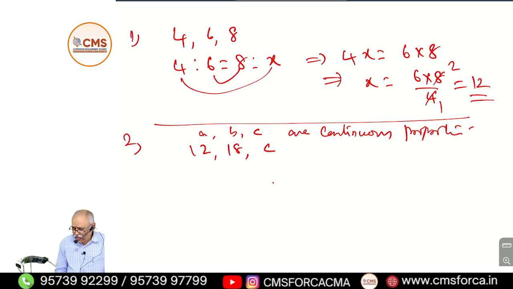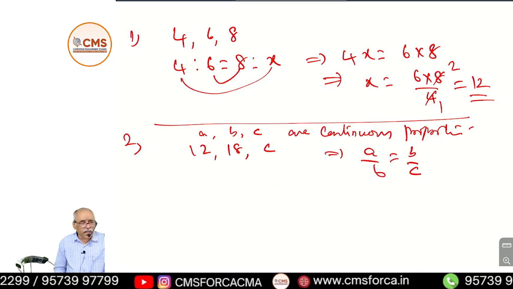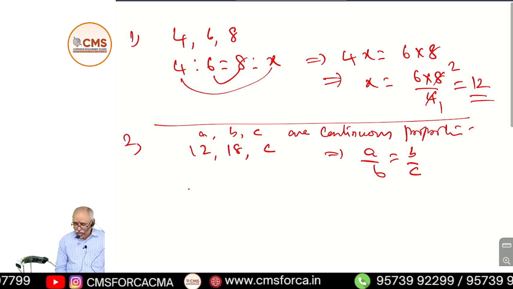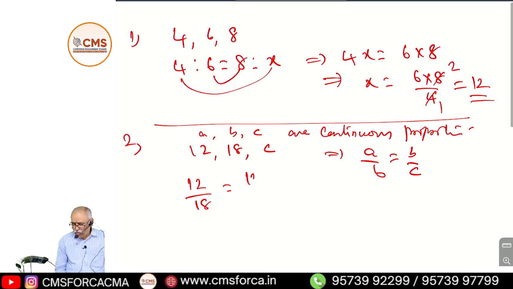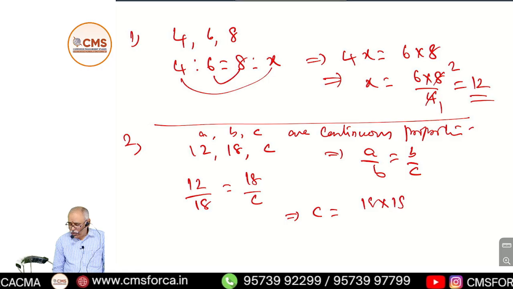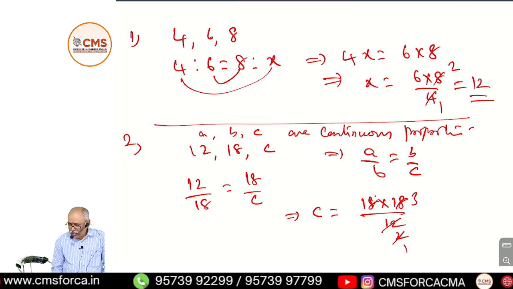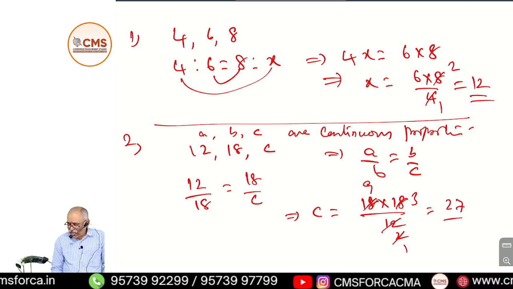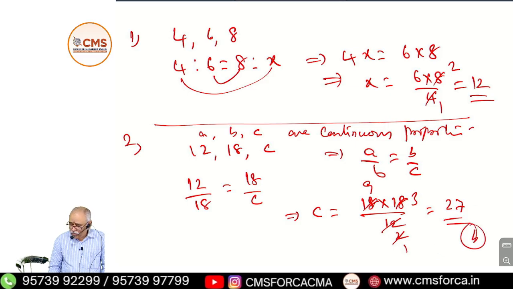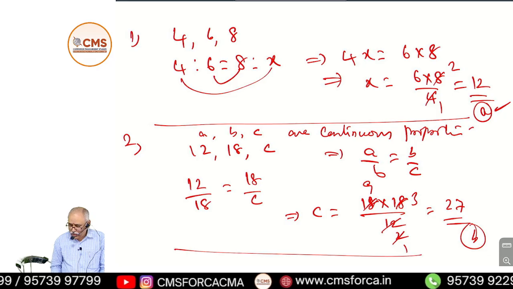Continuous proportion means A by B equal to B by C. So we can write 12 by 18 is equal to 18 by C. So C is equal to 18 into 18 by 12. 2 6s are 12, 2 9s are 18. So 27 is the answer. So the third proportional is 27, option B correct. First question option A correct.